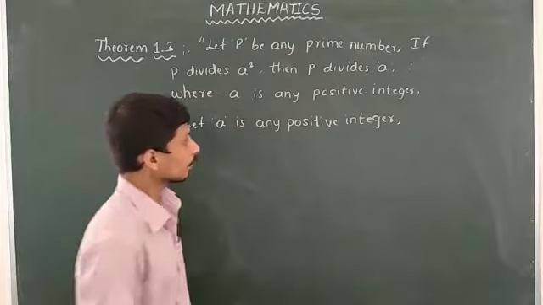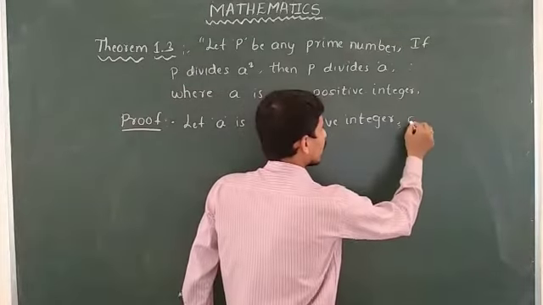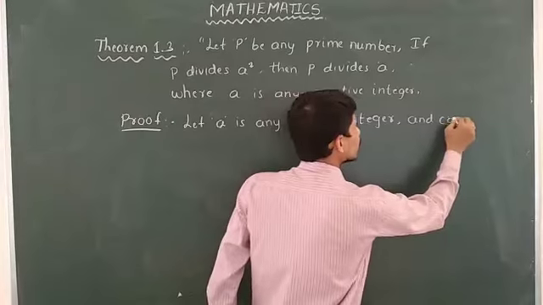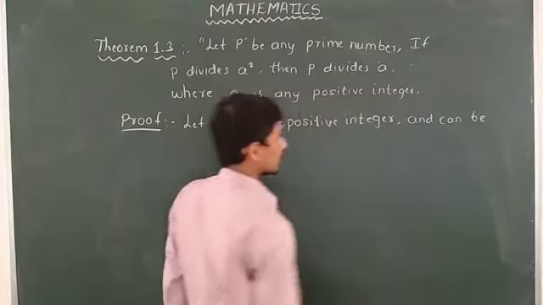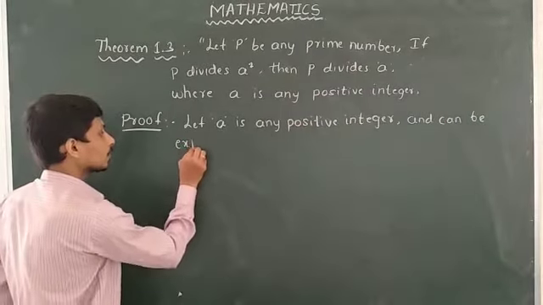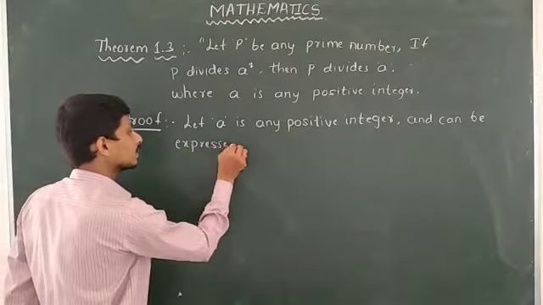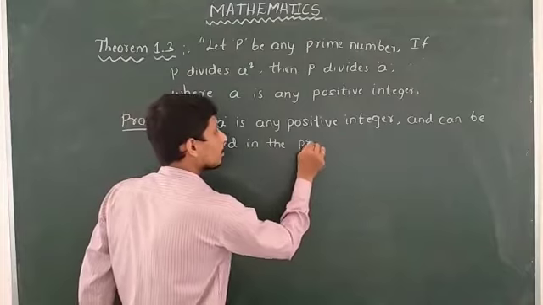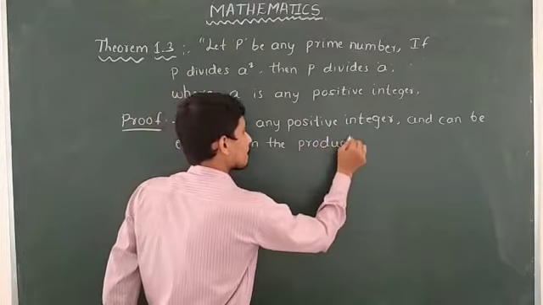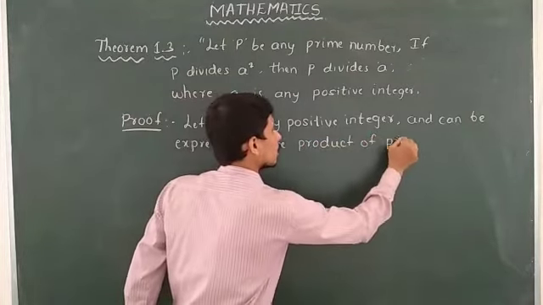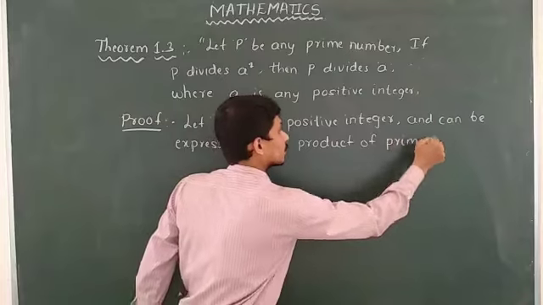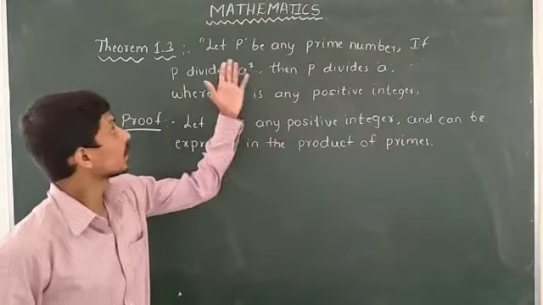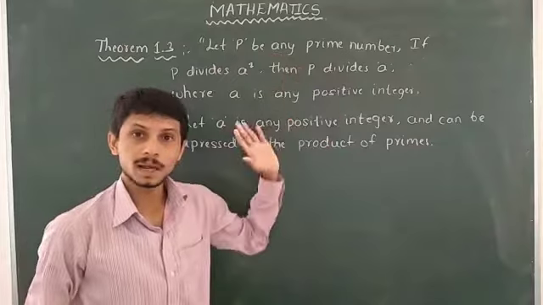So let A be any positive integer and can be expressed in the form of a product of primes. We have taken P as a prime number.